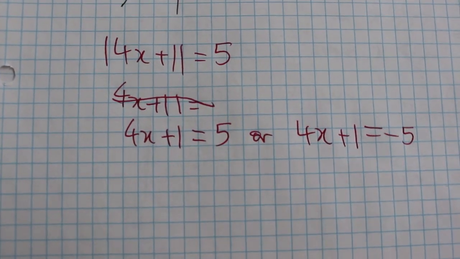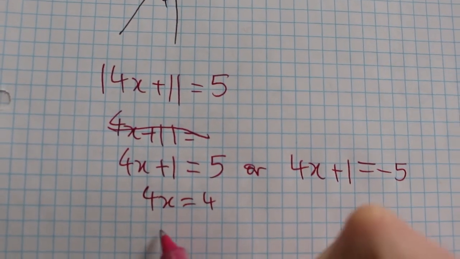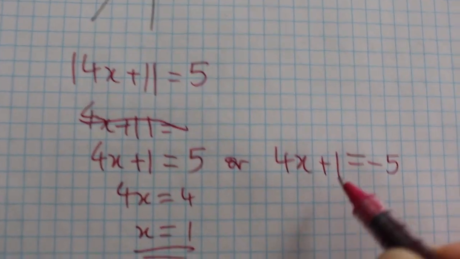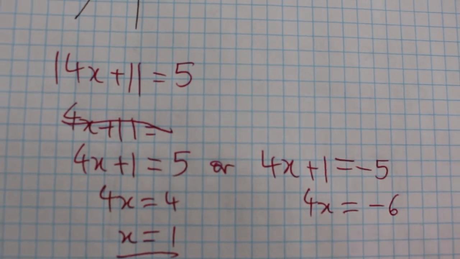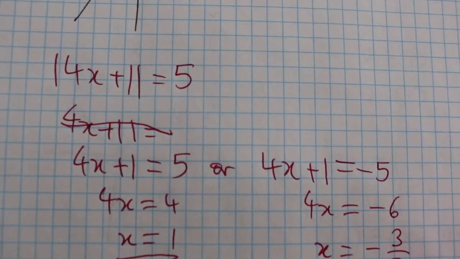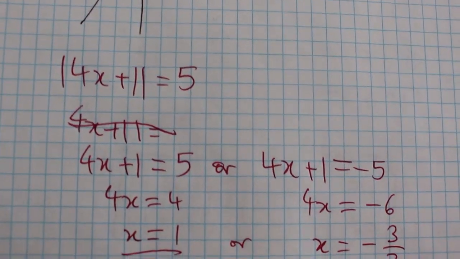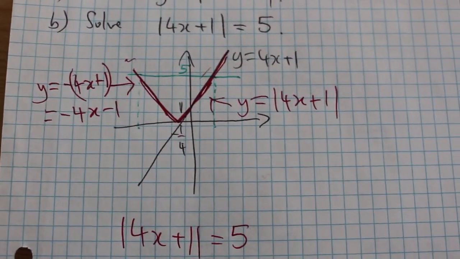And then we have these two equations to solve. They're both linear equations, so we obtain quite easily the solutions x equals 1 and x equals -3/2. So there are two possible solutions, which corresponds to what we see in the graph.